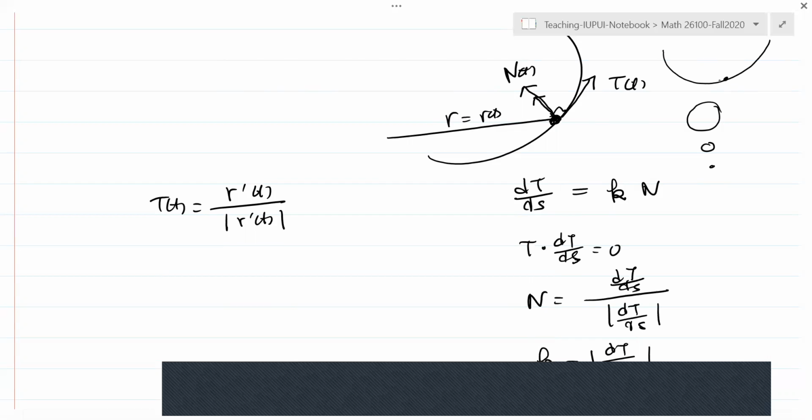The curvature of the Earth's surface is almost 0. If the circle is huge, you only see almost a straight line. But the definition of the curvature and the normal vector uses the arc length, and it's not easy to get arc length.